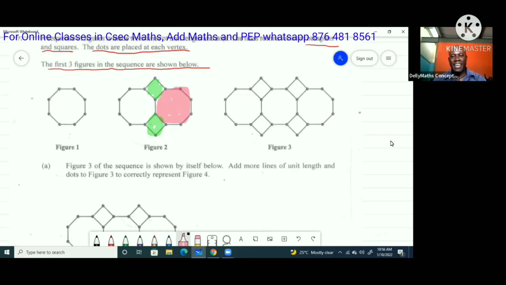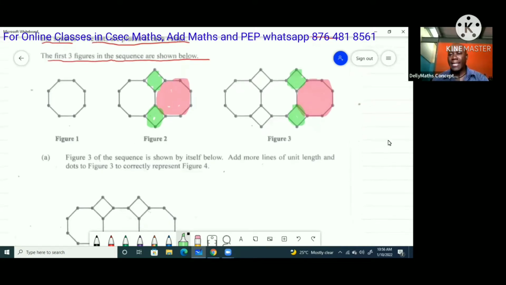All right. And then if we go to the next shape here, we're seeing where the octagon is added. So we'd have the previous shape, and then the octagon is added, and you could see the squares at the ends are added. So those are the only things that are added each time. So whatever we're going to draw will be exactly that.